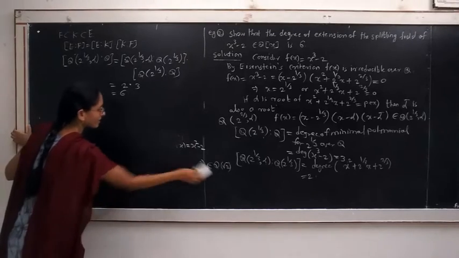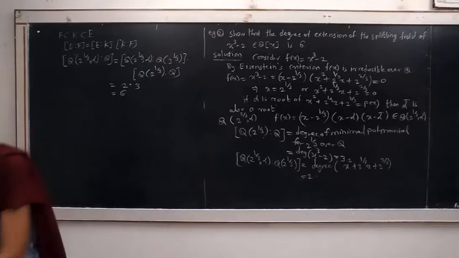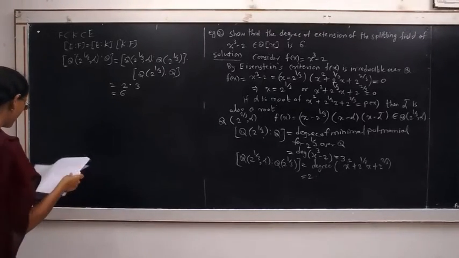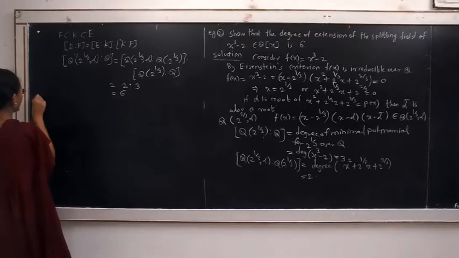Now we see another example for finding the splitting field of the polynomial given by x raised to 4 minus 2. Example 3.